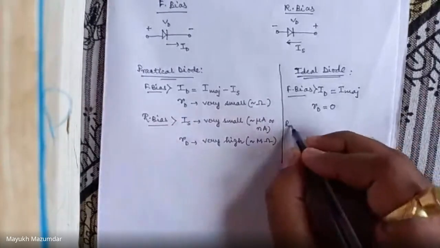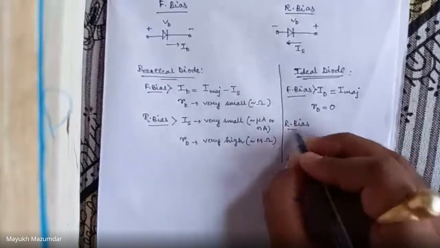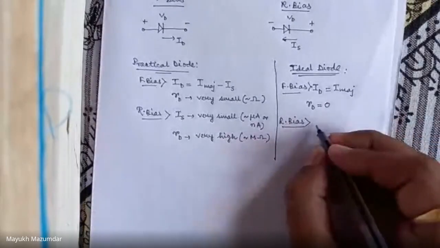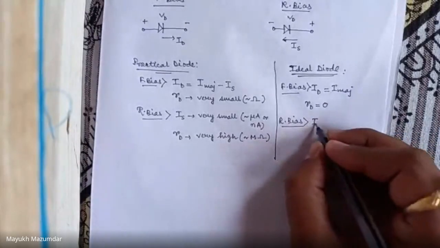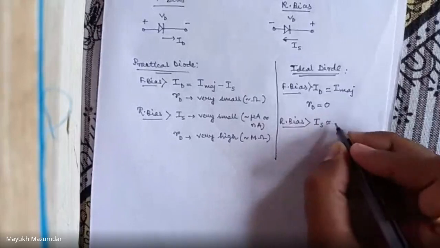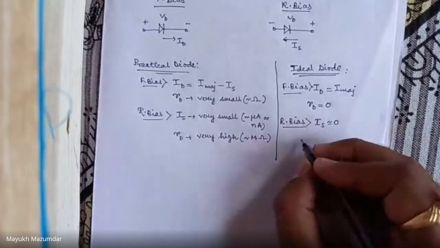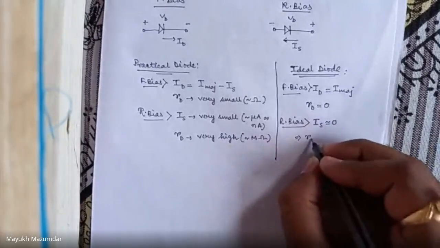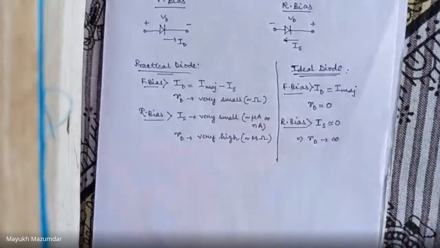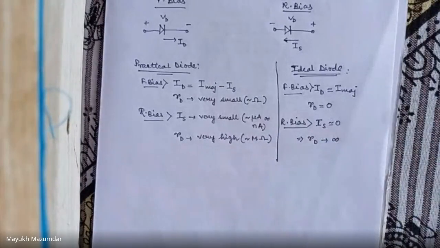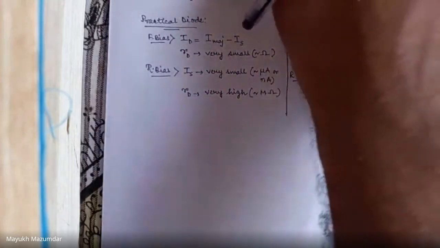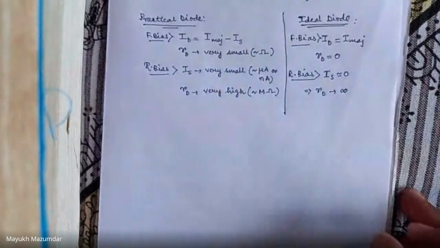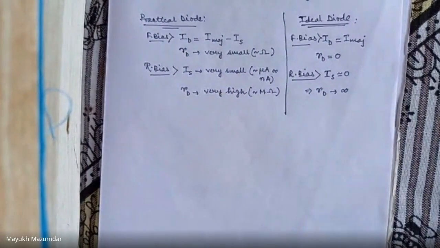And for the reverse bias case, it is taken as the reverse saturation current, no current flows there, it is zero. Hence, the resistance is infinite. So we have infinite resistance in the reverse bias direction. Now this is the ideal case. Am I clear? This is what we mean by an ideal diode.